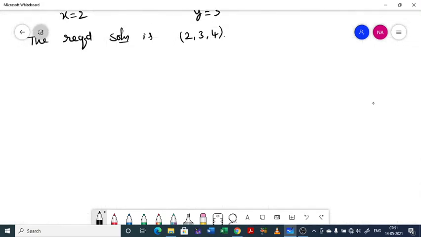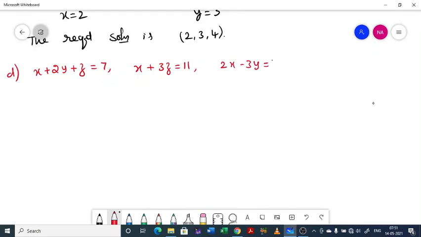Next problem D. x plus 2y plus z equal to 7, x plus 3z equal to 11, 2x minus 3y equal to 1. Solution.